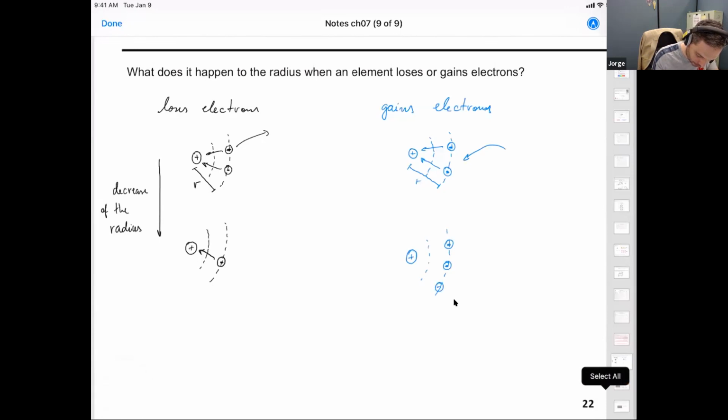Okay, so you got one more friend at the party. That means your attention is even more diluted. So you cannot pull the electrons close together. So the attraction between the nucleus and the electrons will be weaker, and that will result in an increase of the radius.